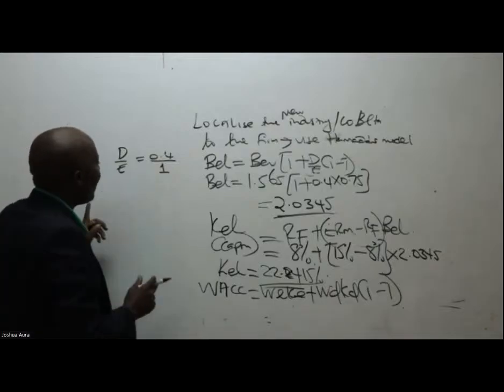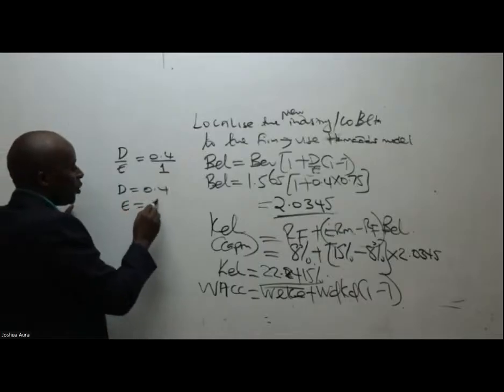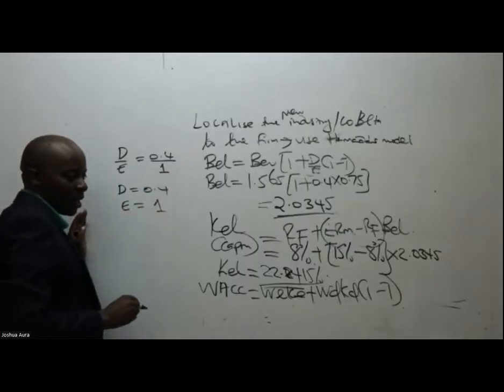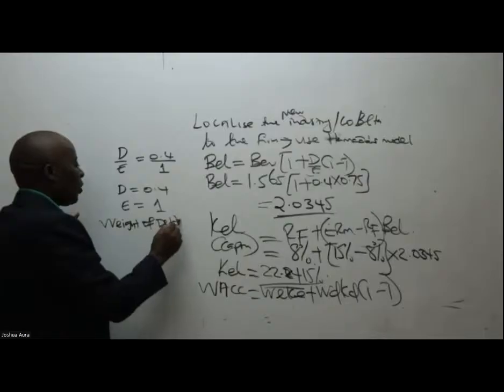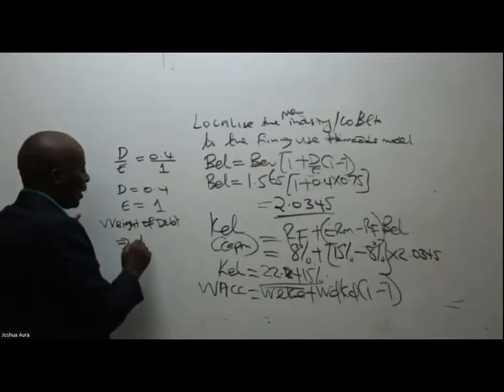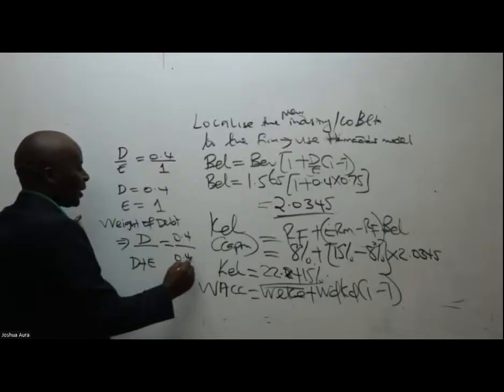So debt, in short, is 0.4, and equity, in short, is 1. When you want to get weight of debt, it will be debt over debt plus equity. Debt is 0.4 over 0.4 debt plus equity, which is 1, like that.